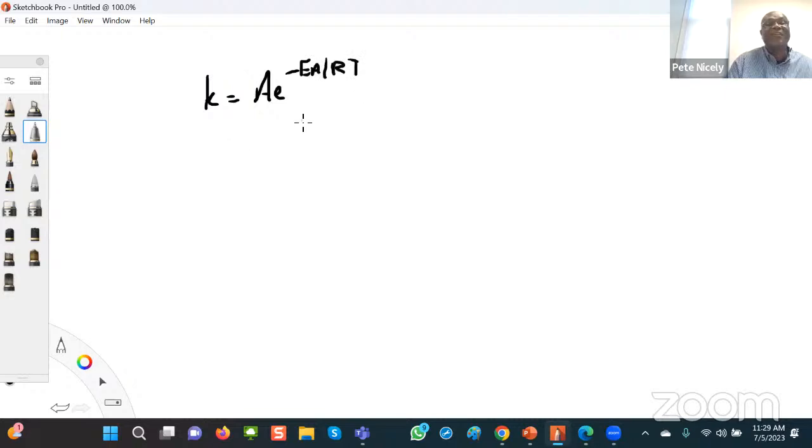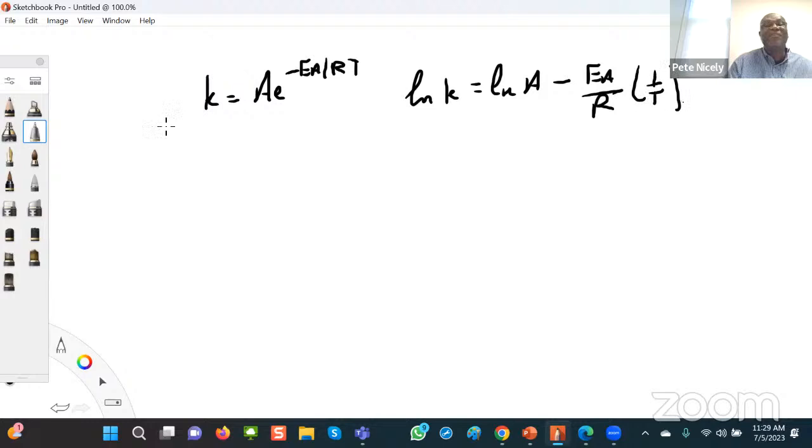And then there's another form of this equation, which is ln K is equal to ln A minus EA over R times 1 over T, all right? So these are two different ways of saying the same equation, relating the rate constant to temperature and activation energy and so on, all right?